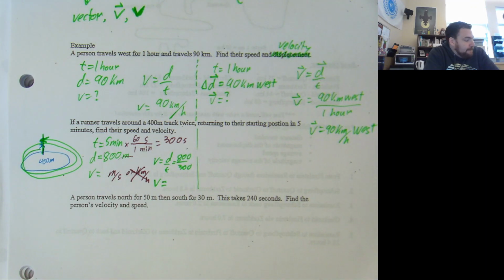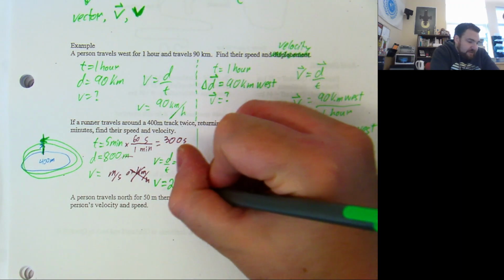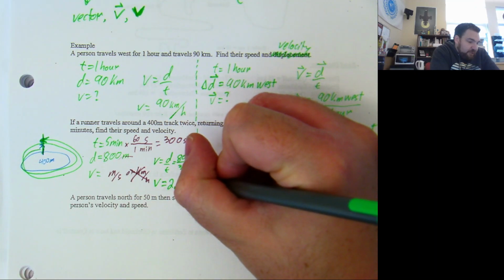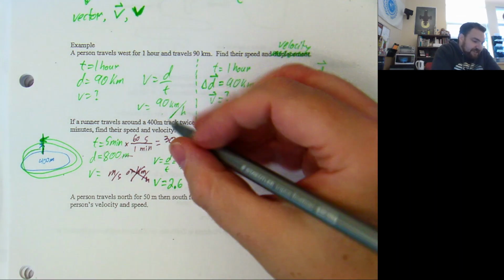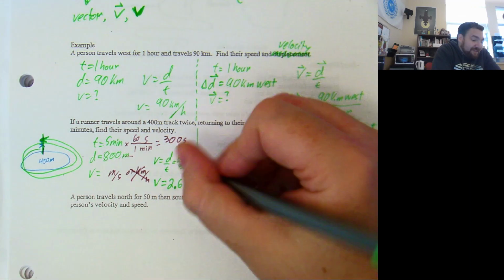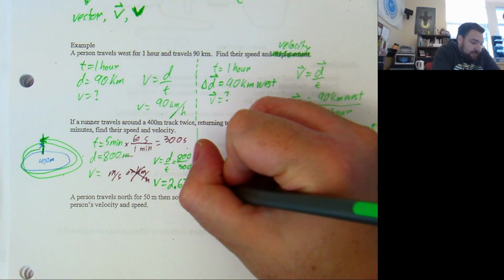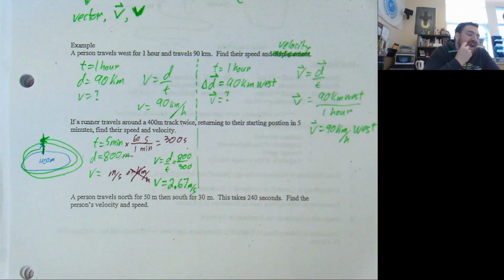How quick is our person moving? 2.6 repeating is not 2.6 if you're going to round it properly. 2.6 is going to become 2.7. I'll call it 2.67 meters per second. So that is the speed at which our runner is moving around the track.